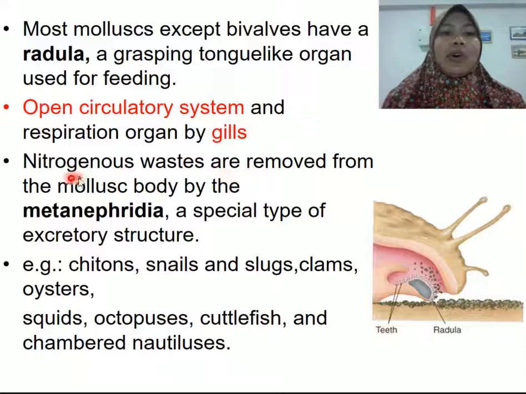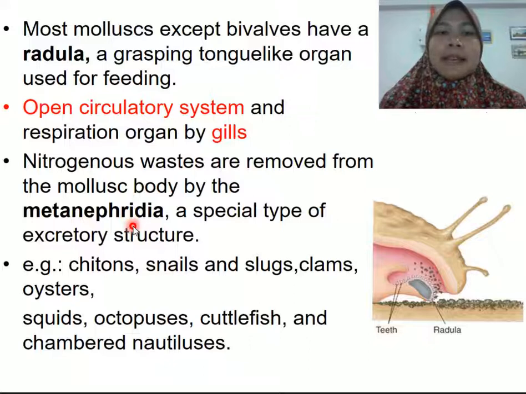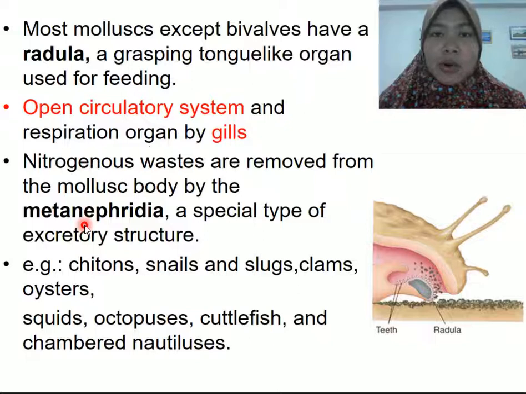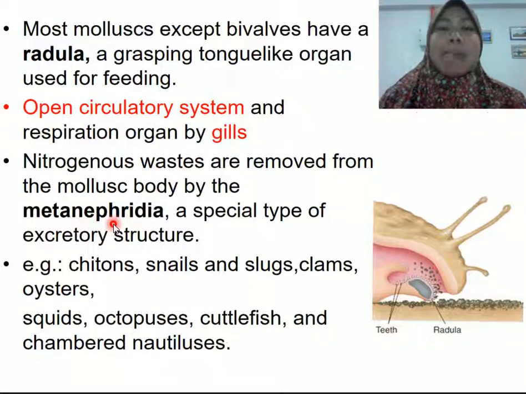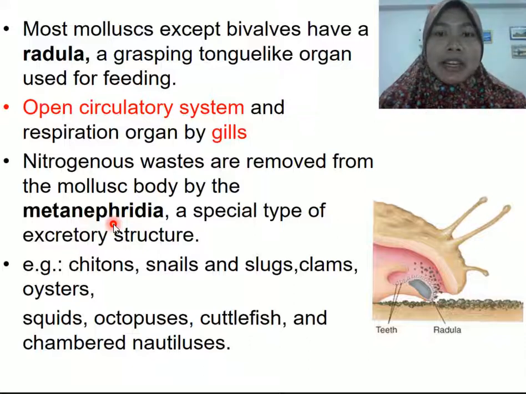So the nitrogenous waste is removed from the mollusk body by a structure known as metanephridia, a specialized structure used for excretion. Something I would like to highlight here: you have heard the word nephridia before, but remember, metanephridia is found in Mollusca, M for mollusca.